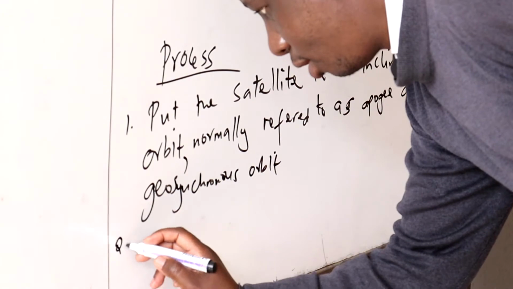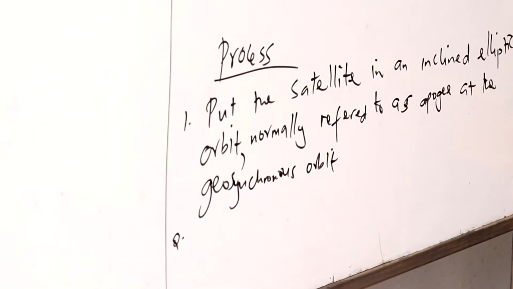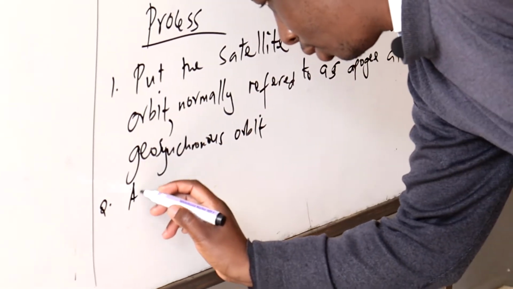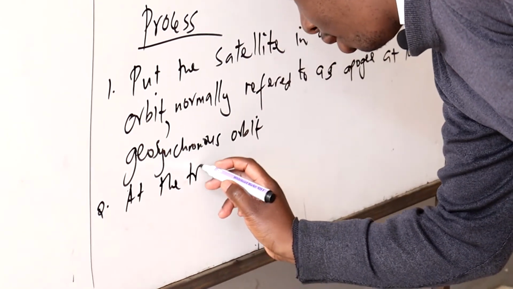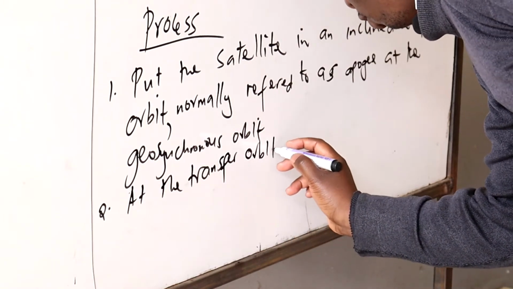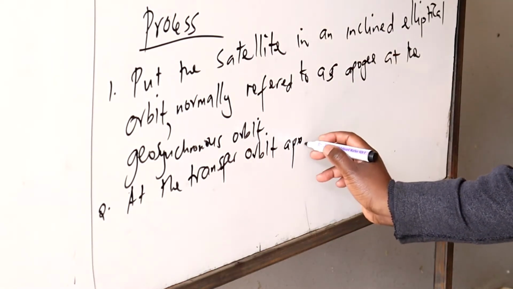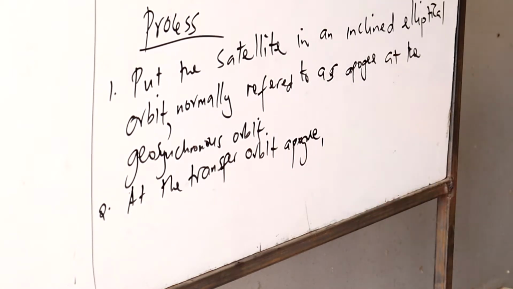Process number two is at the transfer orbit apogee.